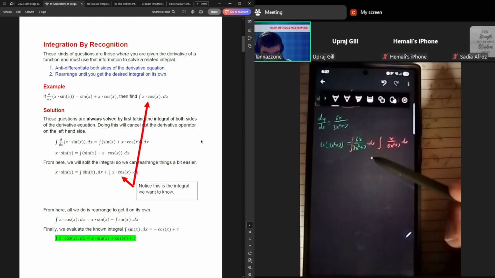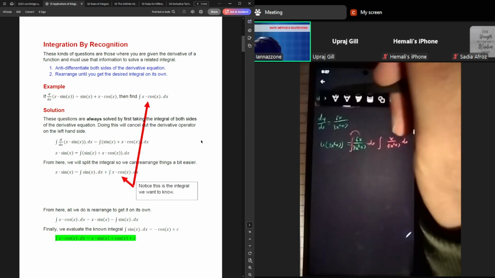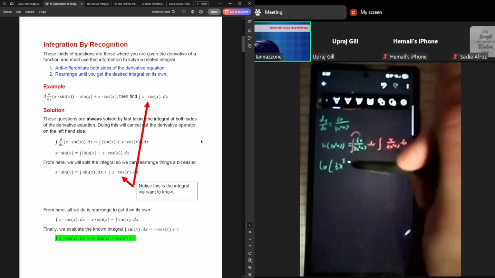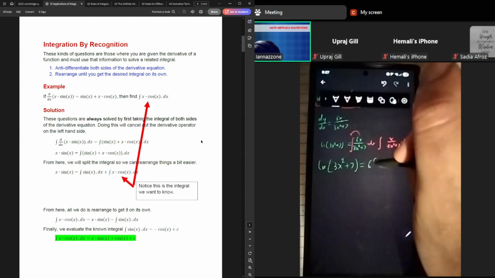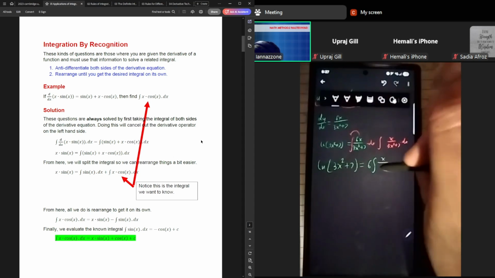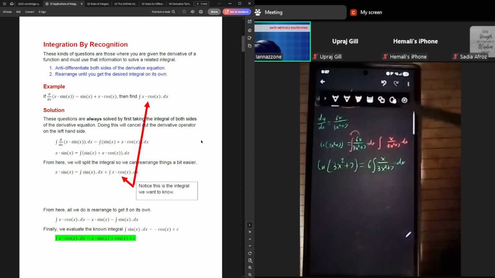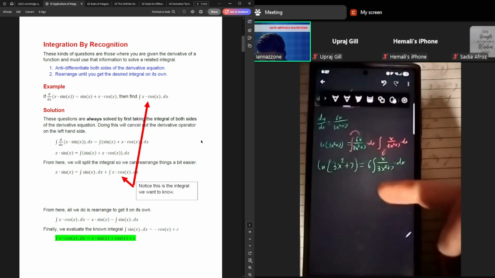So can you take that out of the front of the integral? Sure can. So that's going to be natural log 3x squared plus 7 is equal to 6 times the integral of x over 3x squared plus 7. Nice. Pretty close match. Almost there. The integrals match, but it's not quite on its own yet.